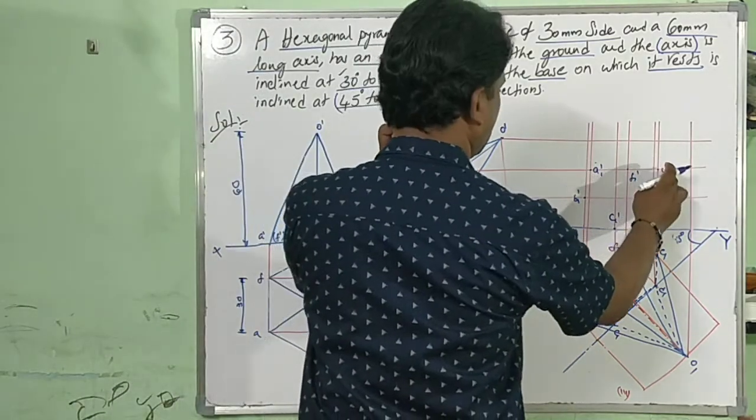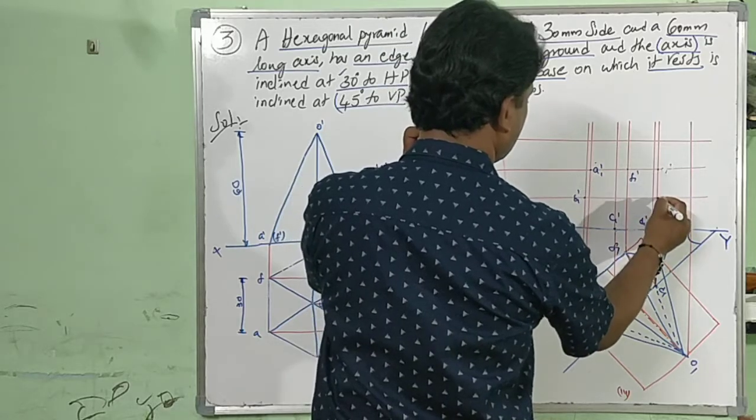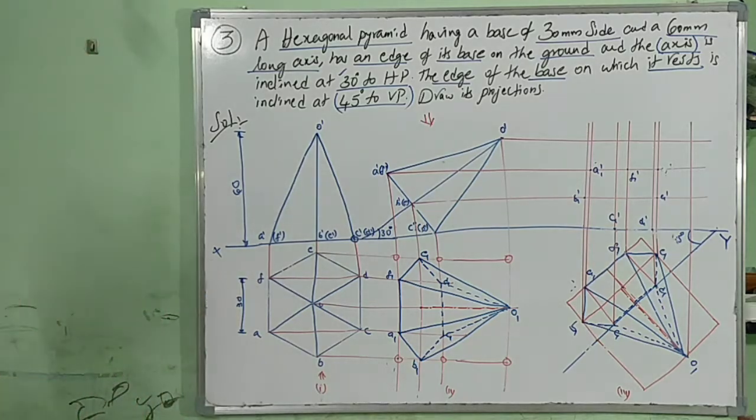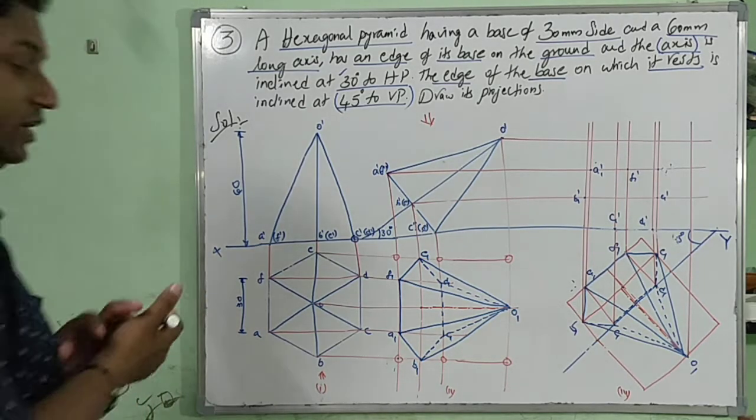Sorry, E1 dash comes here. A1 dash, B1 dash, C1 dash, D1 dash, E1 dash, F1 dash.